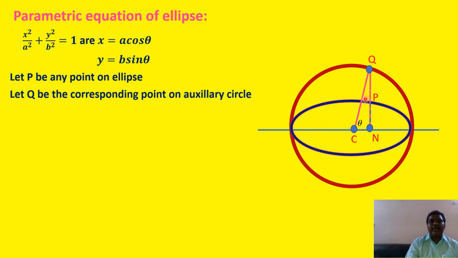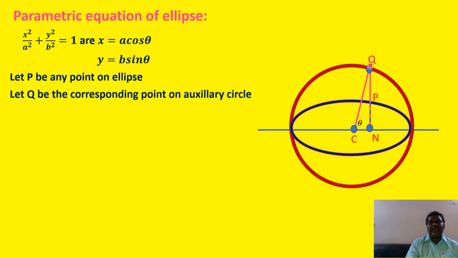Now my question is, what is the distance from here to here? CQ is a, because this is the auxiliary circle. The radius of the auxiliary circle is a, because it is half of the major axis. Major axis length is 2a, 2a by 2 is a. This is a and this is theta. So a line of length a units makes an angle theta with the positive direction of the x-axis.